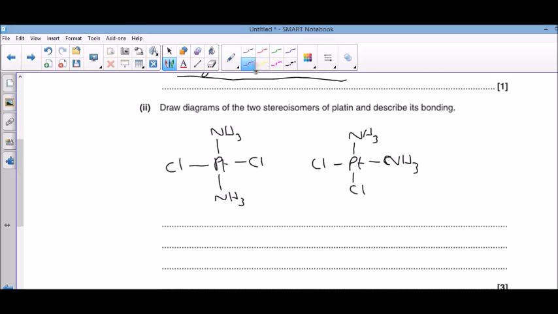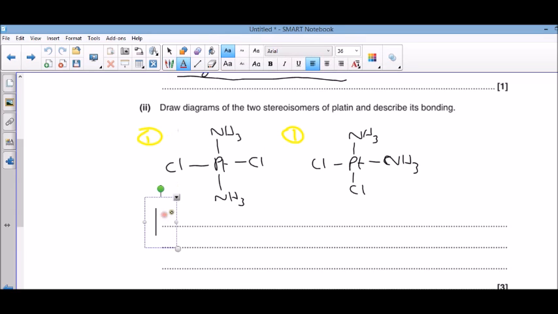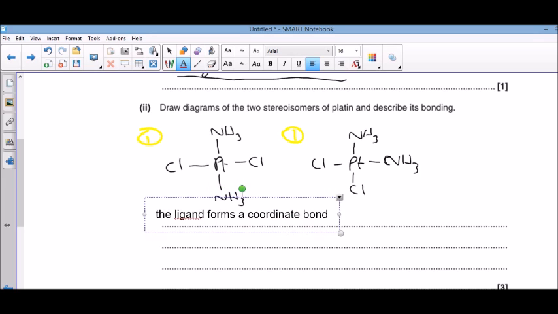And you're going to get 1 mark for each correctly drawn structure. And then the third mark, I'm going to write that down here. You need to say that the ligand forms a coordinate bond with platinum ion.